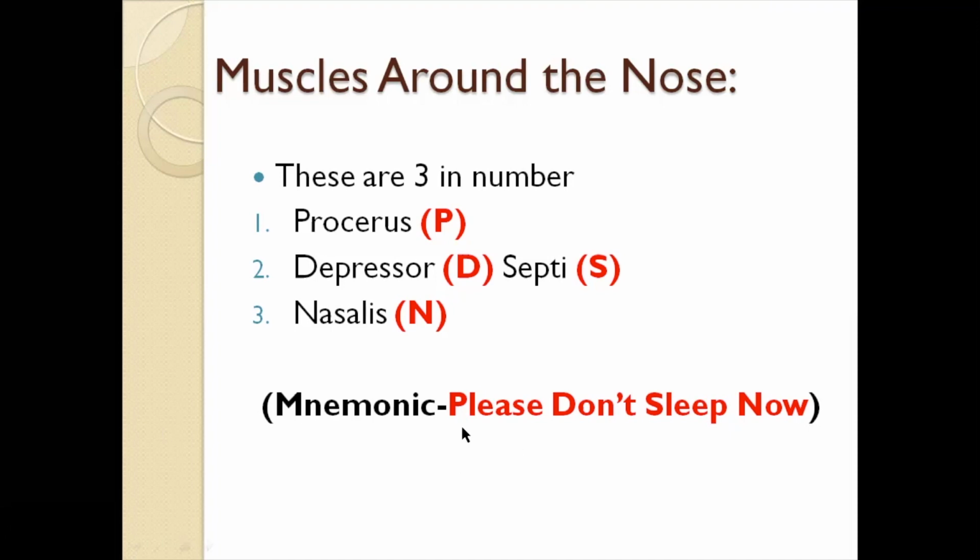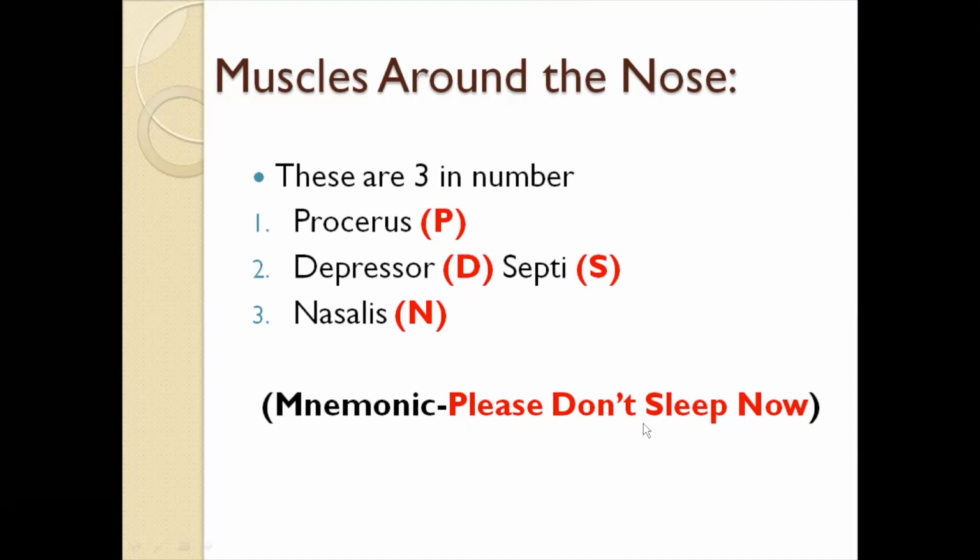Now, how can you remember this mnemonic? "Please don't sleep now": whenever you yawn or open your mouth for yawning, you feel like your nostrils get dilated. There's a wide opening in your nostrils.